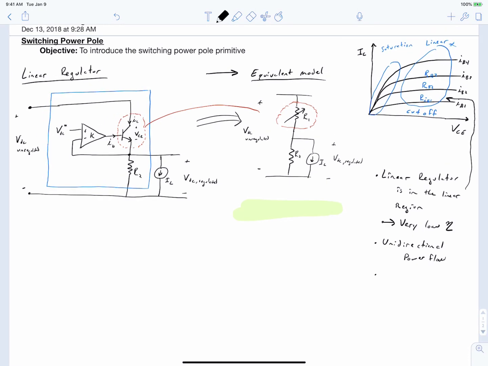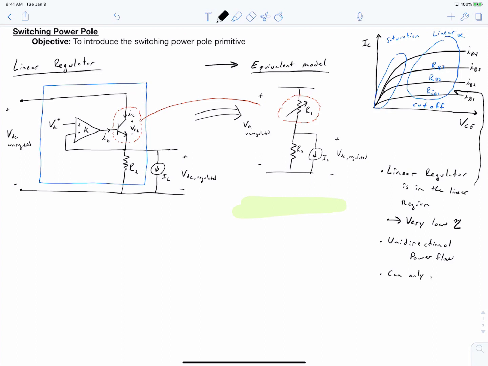We can only reduce the voltage. To be clear about this, on the left side of our equivalent model is our high voltage side, or unregulated side, and power can only flow from the high voltage side to the low voltage side, which is a logical conclusion of a voltage divider equivalent circuit.